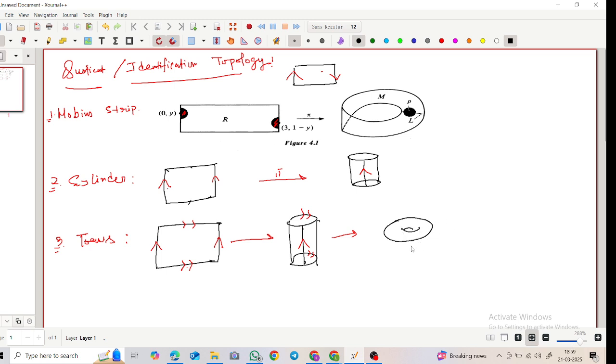Where your joinings are, one is along here, and another joining is here, right? Okay. So this is a torus.